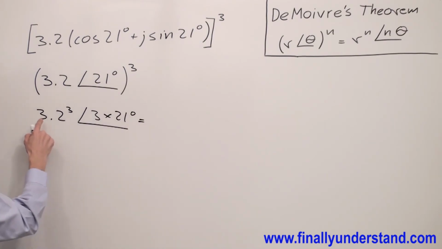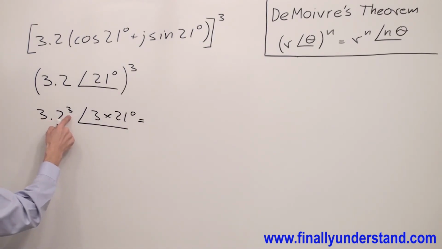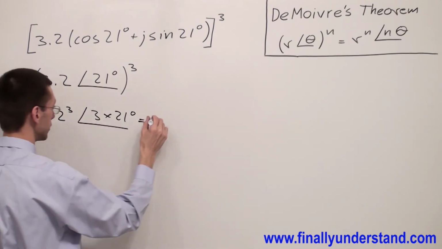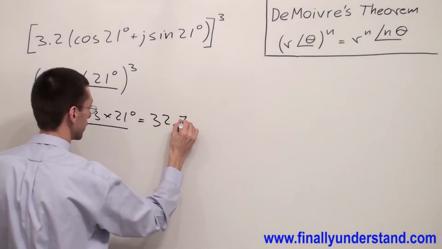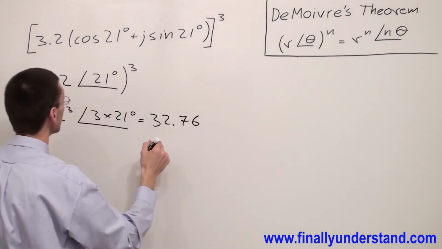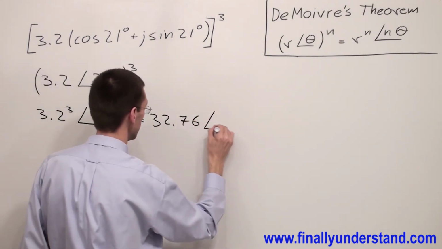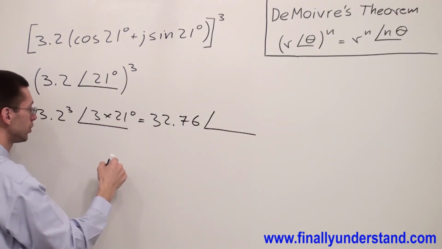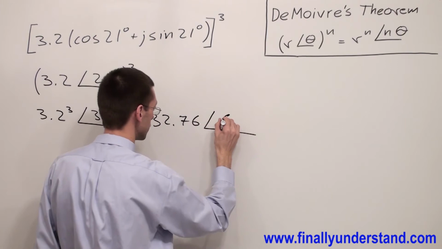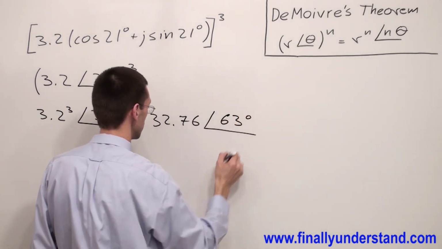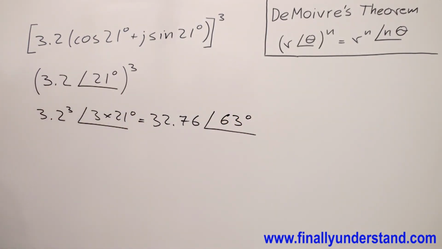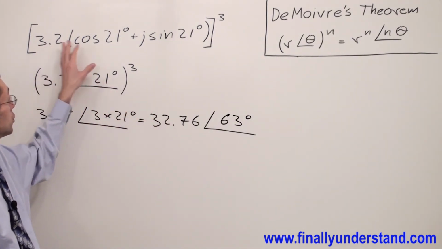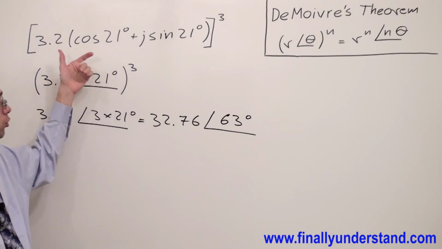This is equal: 3.2 raised to the third power is equal to 32.76, and we have angle 3 times 21 degrees is equal to 63 degrees. Okay, this is my answer in polar form.